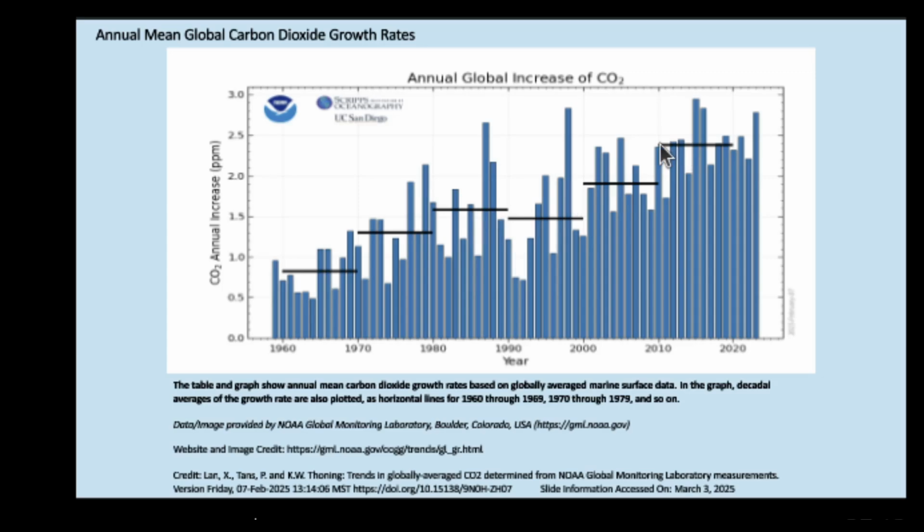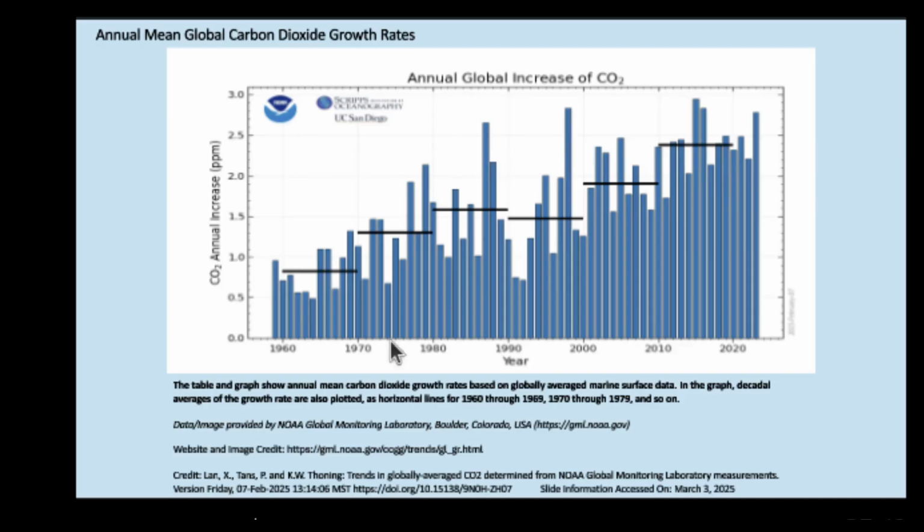In the last full decade, 2010 to 2019, the annual average growth rate was about 2.4 parts per million. So that indicates the increasing use of fossil fuels that emit greenhouse gases such as carbon dioxide into the atmosphere.